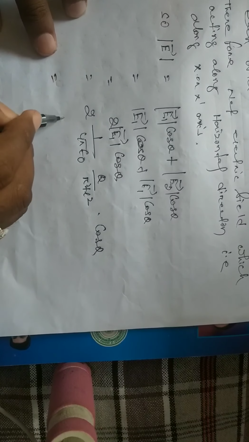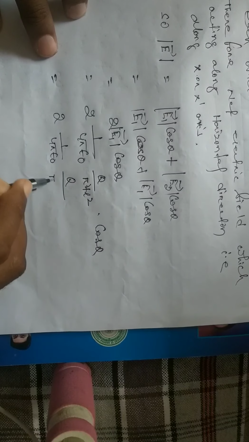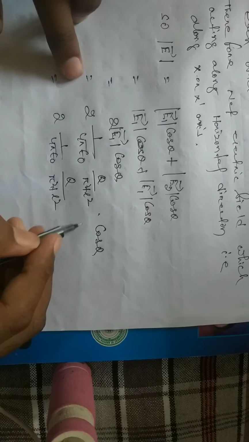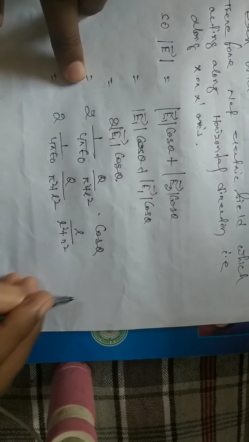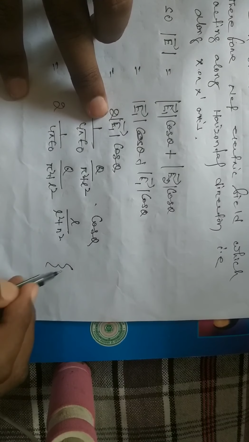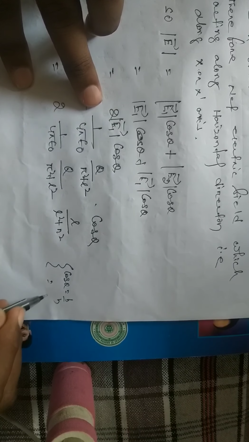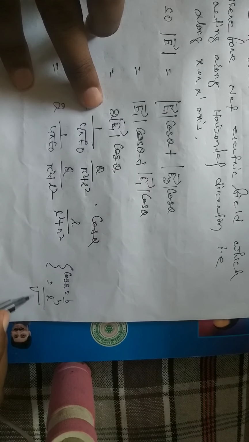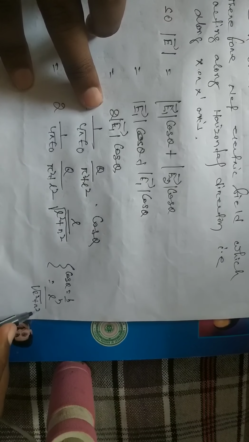So cos theta can be represented as 2 into 1 by 4 pi epsilon naught q by (r square plus l square). Cos theta means what? l by square root of l square plus r square, because here you write cos theta equal to b by h, so b means l divided by the square root of l square plus r square.